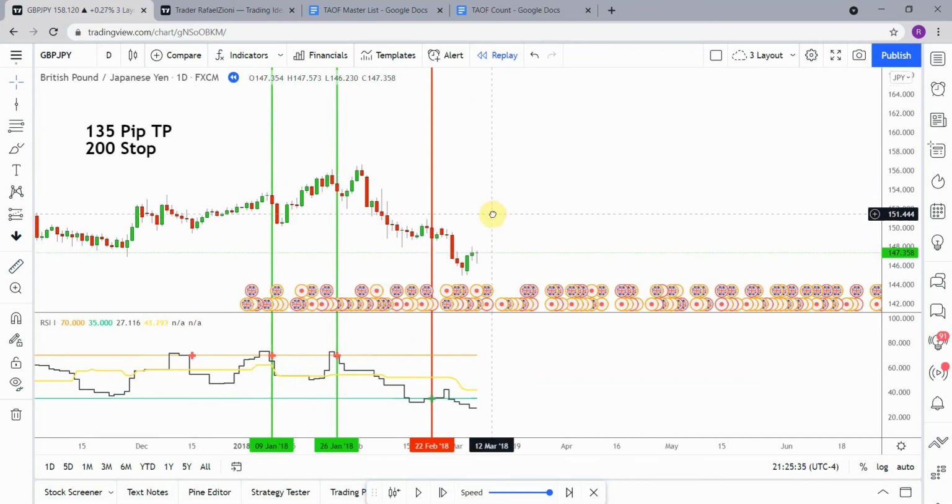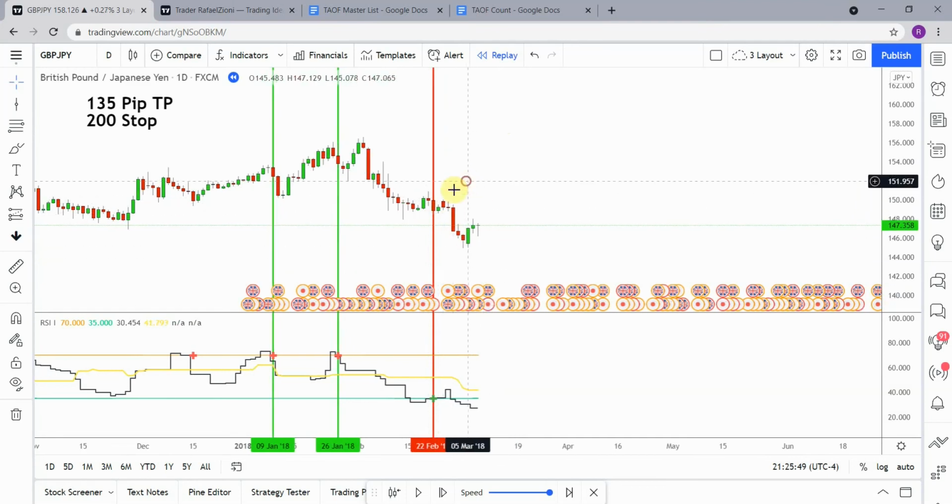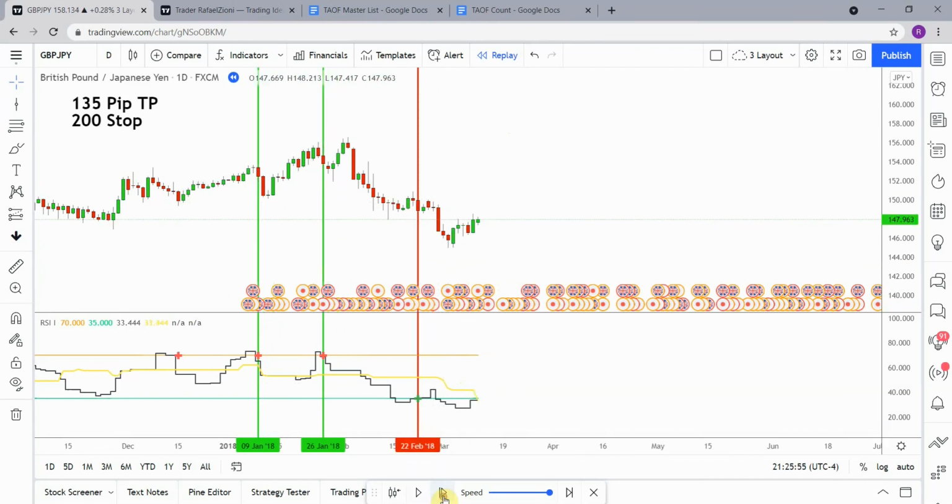Then we pick up this long over here on this side. Unfortunately, this one does get us stopped out as price action tries to push up, but then ends up pulling its way to the downside. So let's go ahead and continue on.